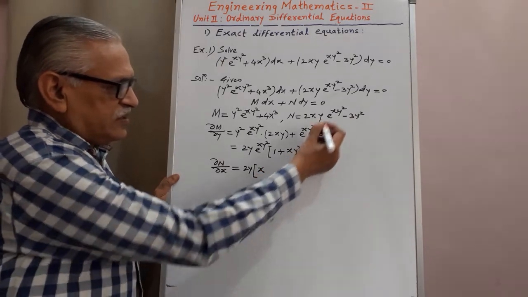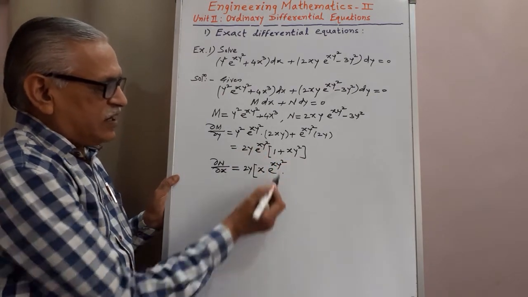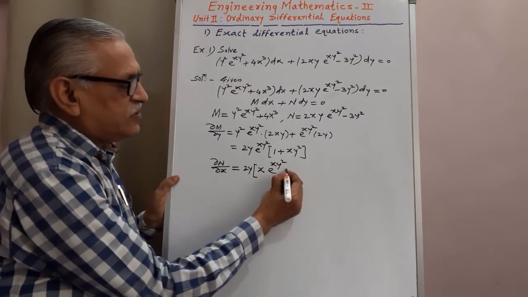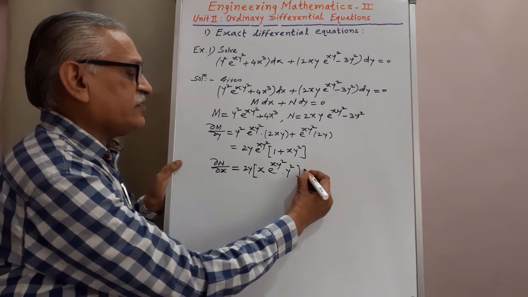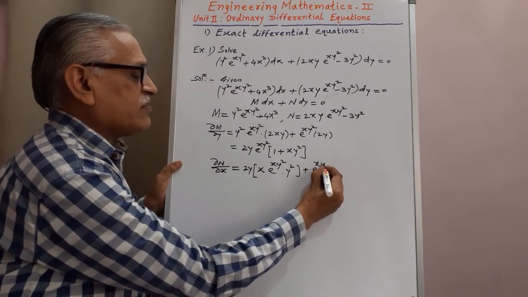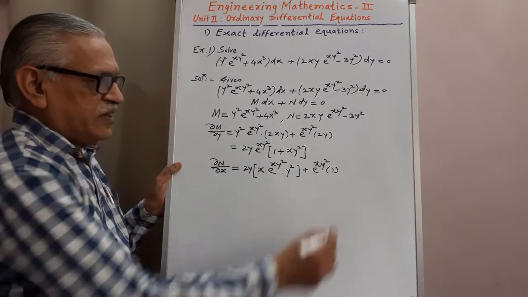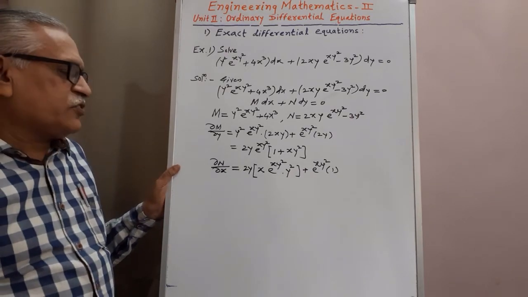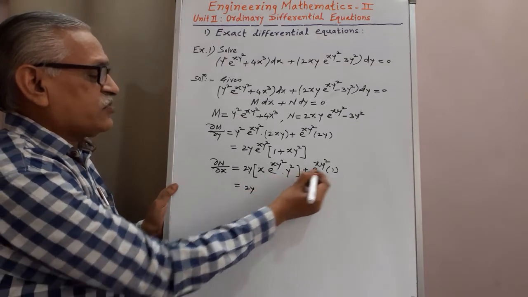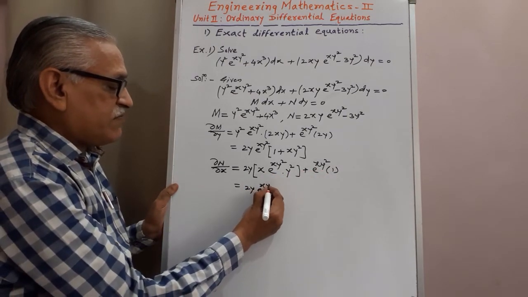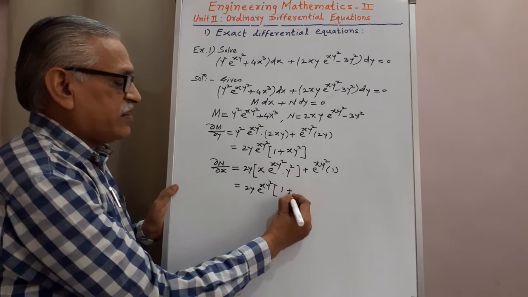First term x, derivative of e raised to xy square is e raised to xy square, applying chain rule, differentiation of this term with respect to x is y square, plus second term as it is e raised to xy square, and differentiation of x with respect to x is 1, and derivative of 3y square with respect to x is 0. Then from this we can take 2y and e raised to xy square common. Here remains 1, and here xy square.